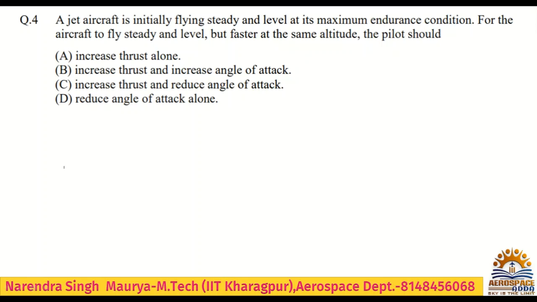This is an MCQ basically. It says: a jet aircraft is initially flying steady and level at its maximum endurance condition. What is the meaning of maximum endurance for the jet?